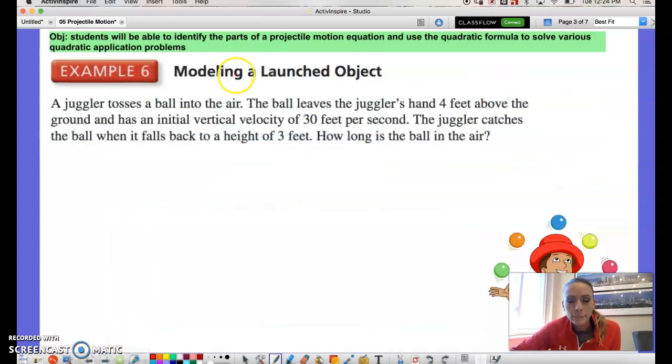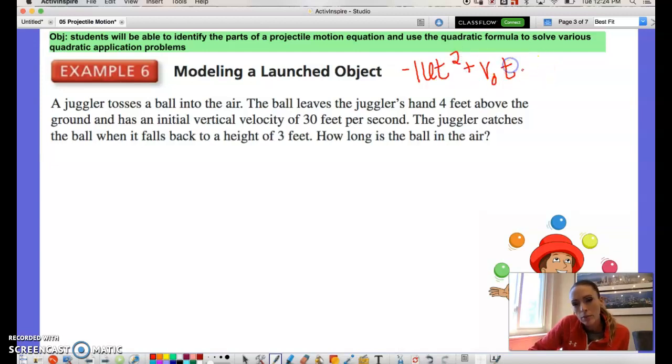All right, when we're talking about this one: a juggler tosses a ball into the air. The ball leaves the juggler's hand 4 feet above the ground and has an initial velocity of 30 feet per second. As you're doing these, I would just write your equation up here, plus h naught equals the height at the end.